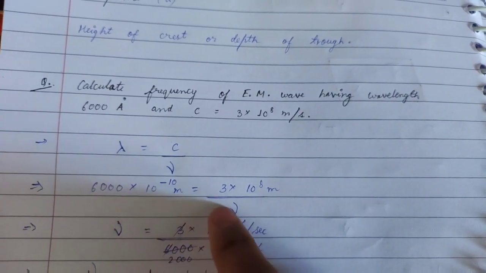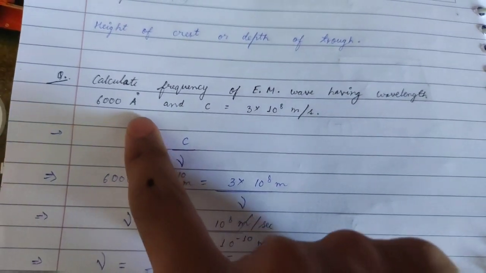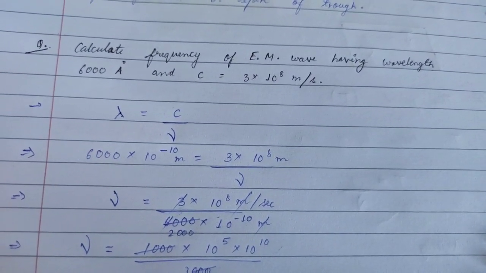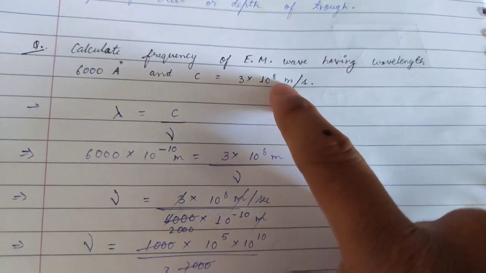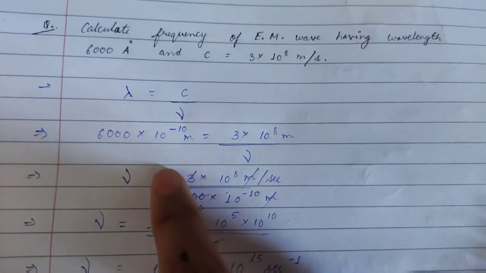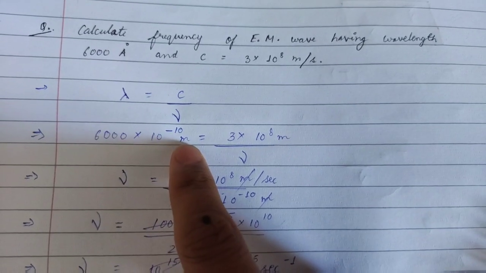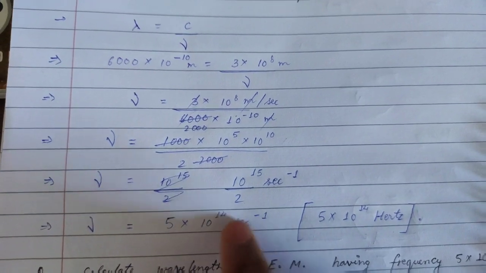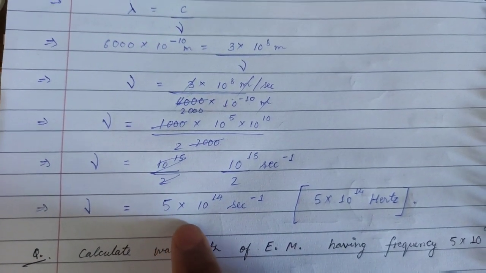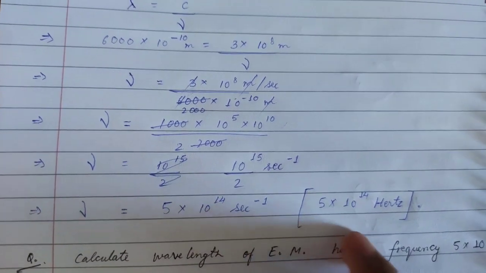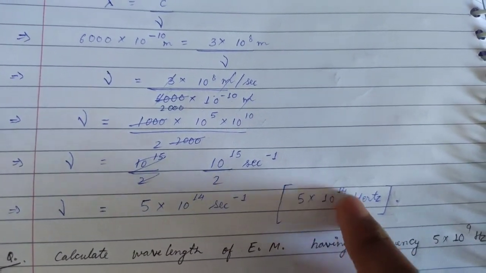We will put in the values simply, and also 1 angstrom is equal to 10^-10 meter, as I have already said. This one is in meters, so we have to convert angstrom into meters also. Frequency equals this by this. On calculating, we get the value as 5 × 10^14 per second, which can also be written as 5 × 10^14 hertz.